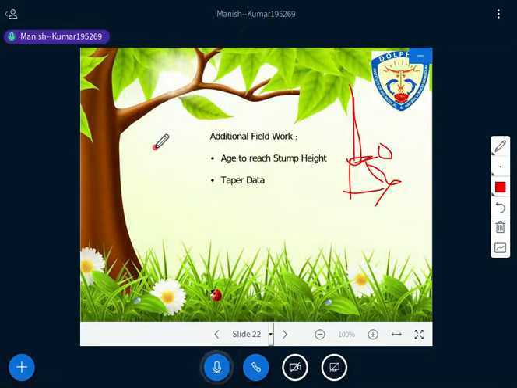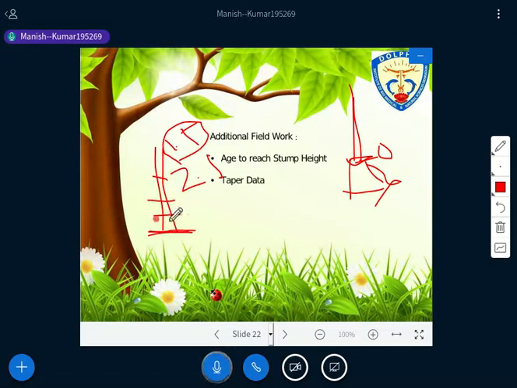You have to get a seedling of the same species in that particular area where you are conducting this stump analysis, and then you have to cut that. The height of this seedling will be 1.5 meter to 2.5 meter, not more than that. Then you fill it from almost ground level, get small 10 centimeter sections, count the annual rings in each section, and just add up.